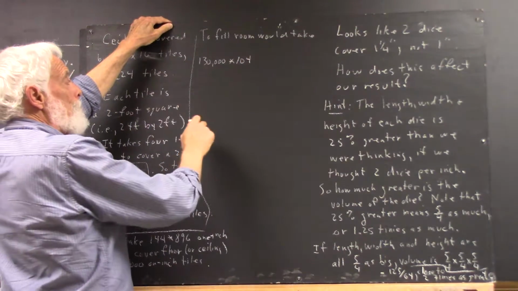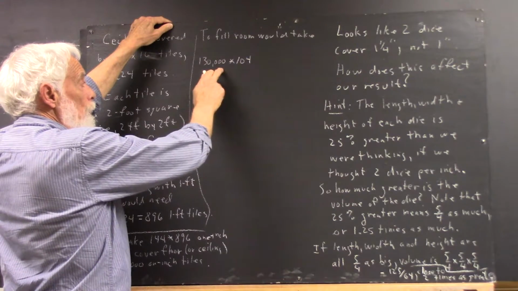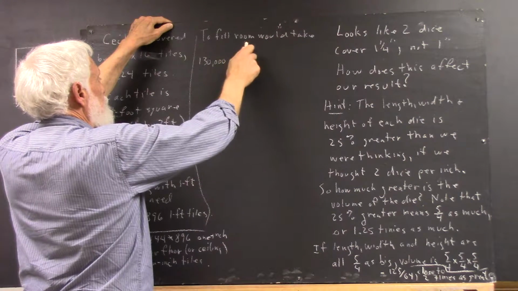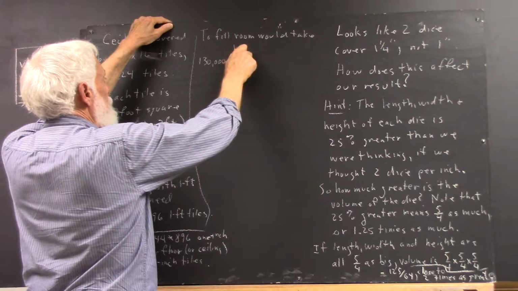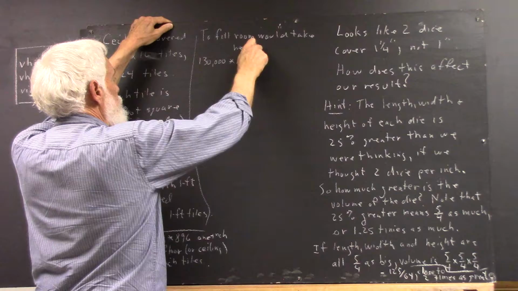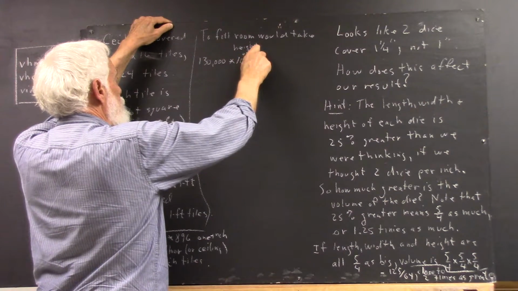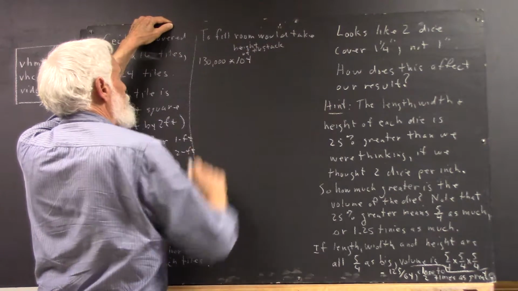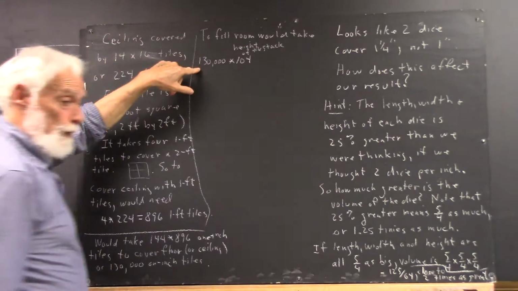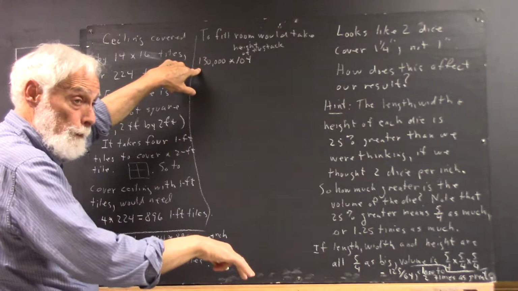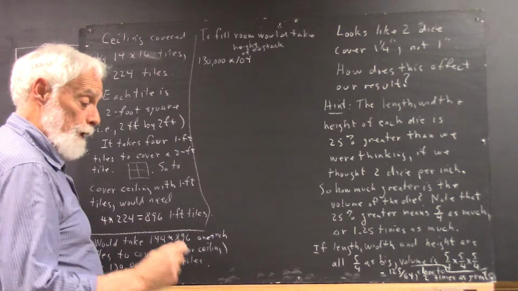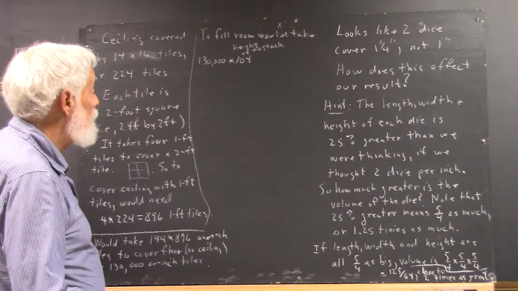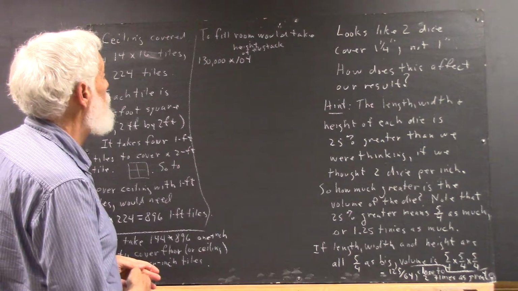Okay, that's the number of tiles to cover the floor, and I'm going to write the 104 as the height of the tile stack. You can imagine 130,000 tiles covering this floor, and then on each of them you have a stack of 104 blocks.